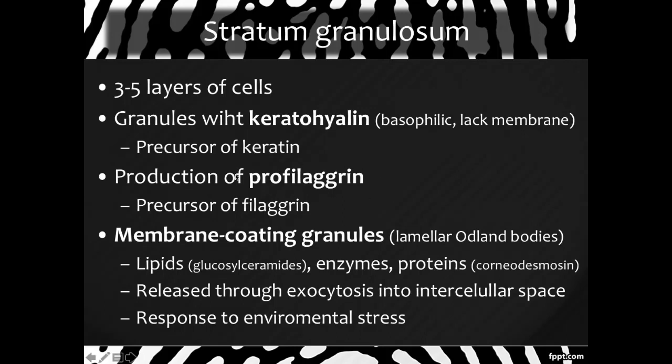The most important, I think, or common protein is profilaggrin, which is precursor of the protein filaggrin. Filaggrin is necessary for aggregation of cytokeratin filaments into larger aggregates like tonofibrils and so on.